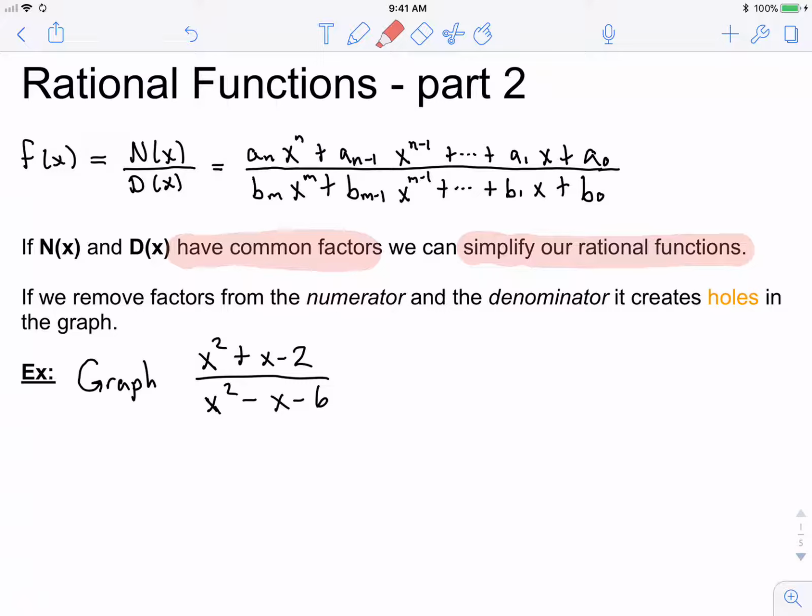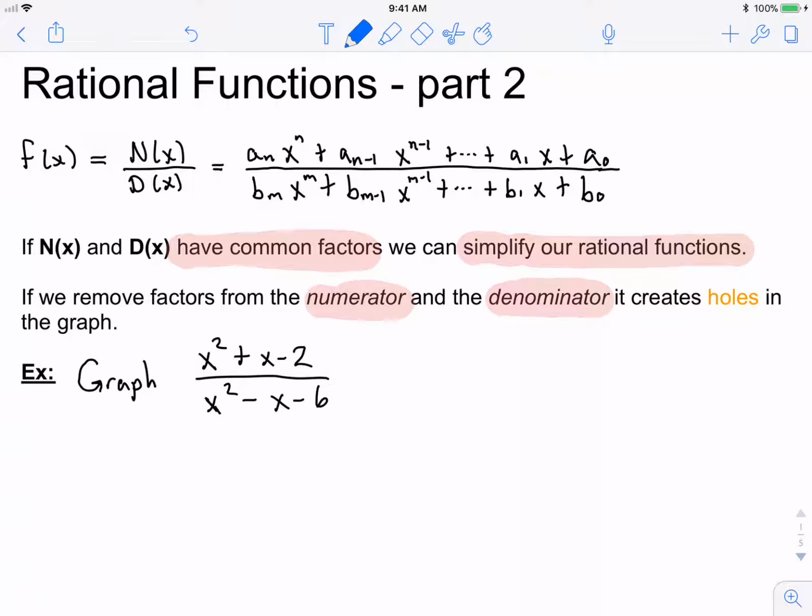If we cancel them out and remove these factors from both the numerator and the denominator, it cancels out our zero and it cancels out our vertical asymptote, and instead it creates just a hole in the graph where nothing is defined. So let's see this in action.